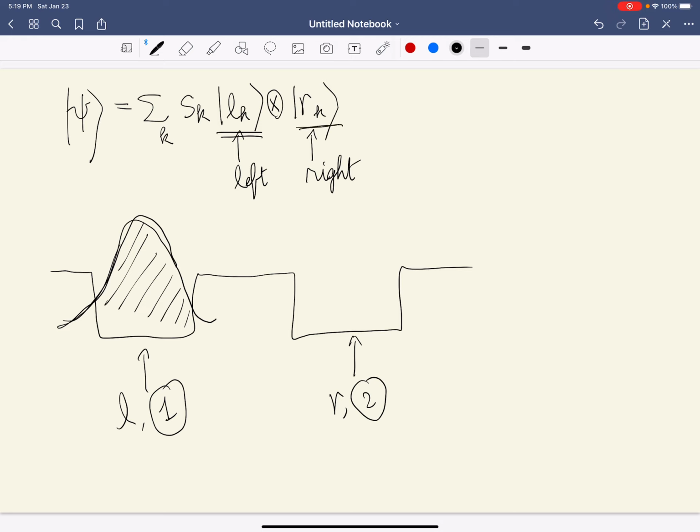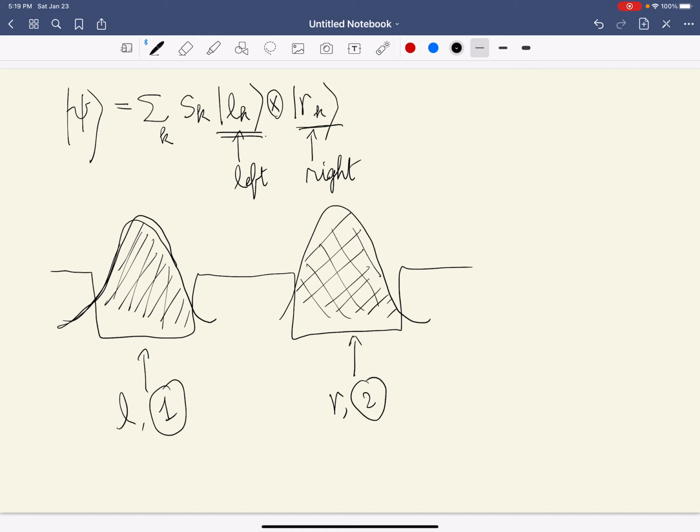And here R_k represents some sort of state or wave function localized on the right-hand side of the overall space. And what I'm doing is just taking the product of this wave function with the wave function over here.